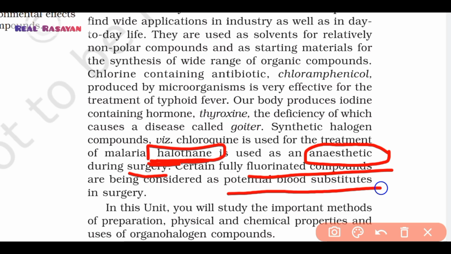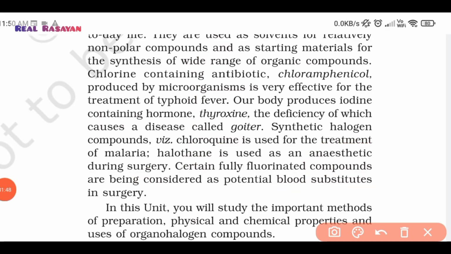In this unit we will study some important methods of preparation, how we can prepare these compounds, what their physical and chemical properties are, and how they can be used as organohalogen compounds in our life or for biological purposes. Hope this introduction will be clear to all of you.